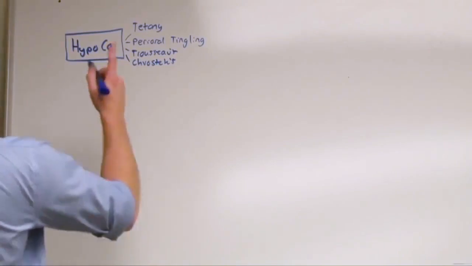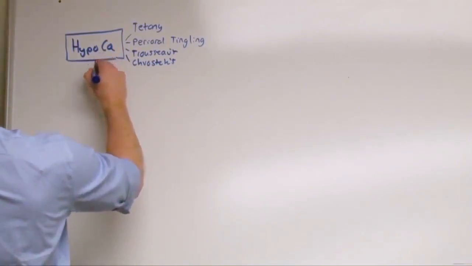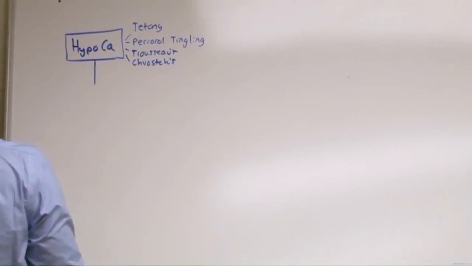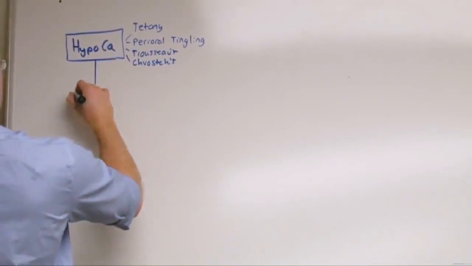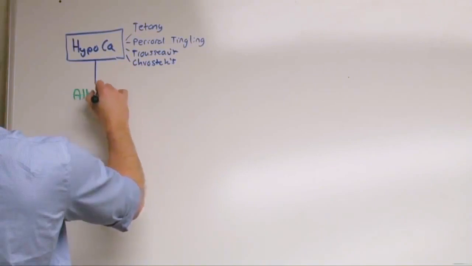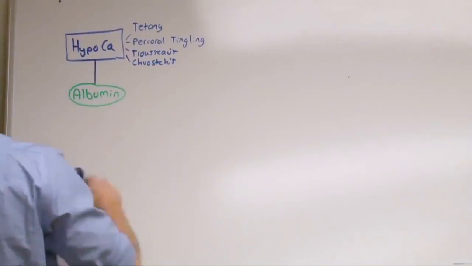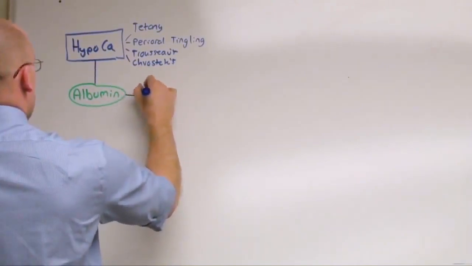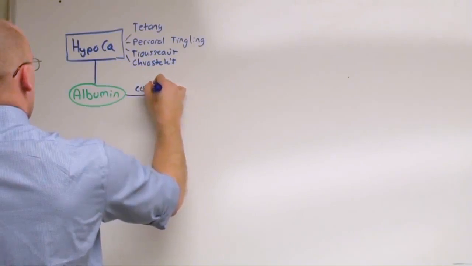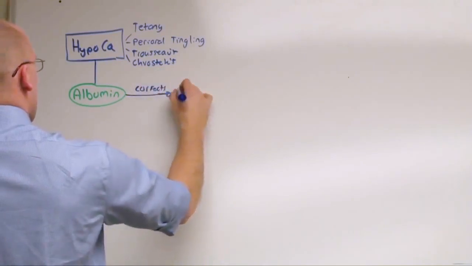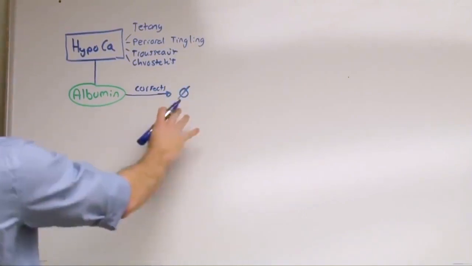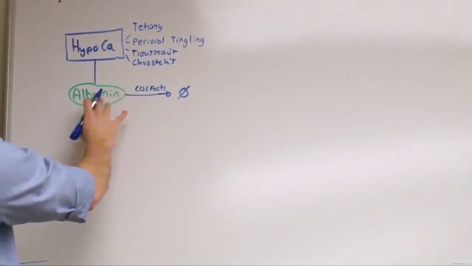But when you're dealing with hypocalcemia, that is, you see a low calcium on a lab you order, the first thing you do is check the albumin. Because remember, calcium might correct. If it corrects, awesome, you're done. It's not a deficiency of calcium, it's just a product of albumin.